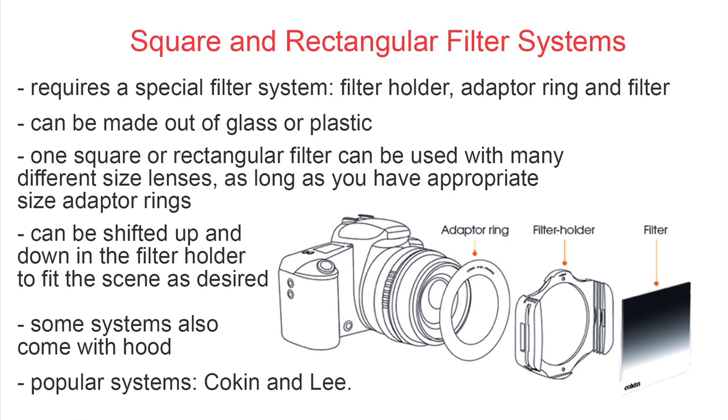And the good news is that one rectangular or square filter can be used with many different size lenses as long as you have appropriate size adapter rings. Also, these types of filters can be shifted up and down in a filter holder to fit the scene as desired. This can be especially useful when you are using a gradient filter.